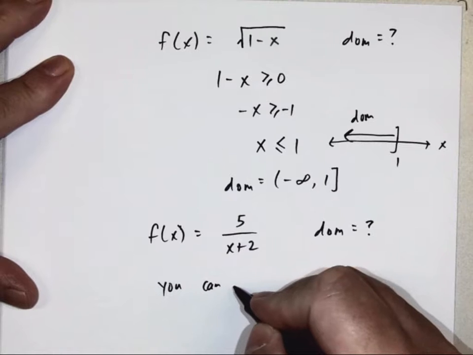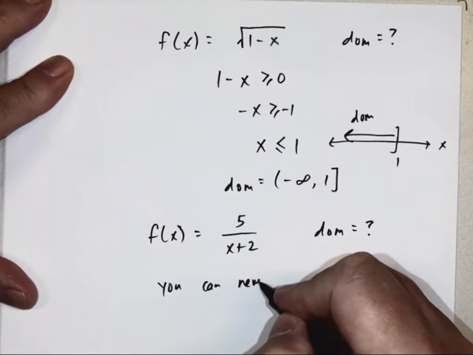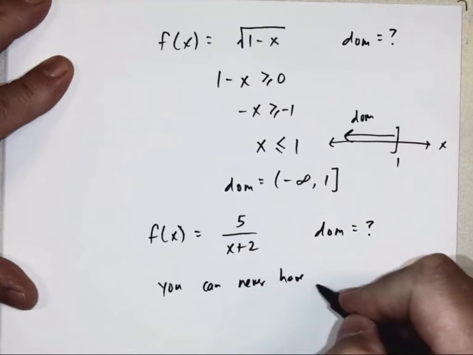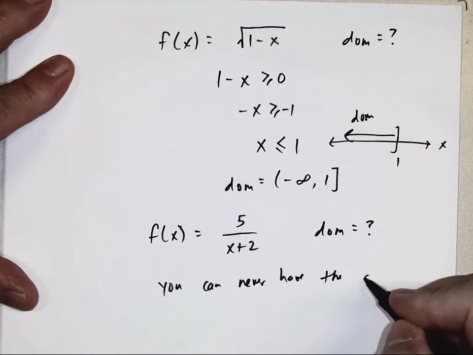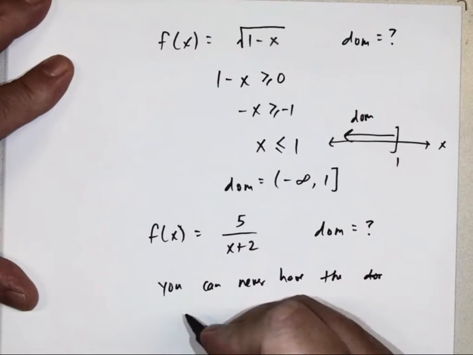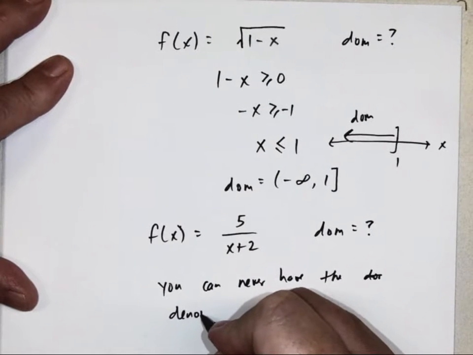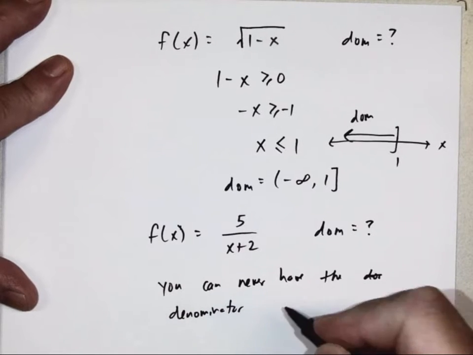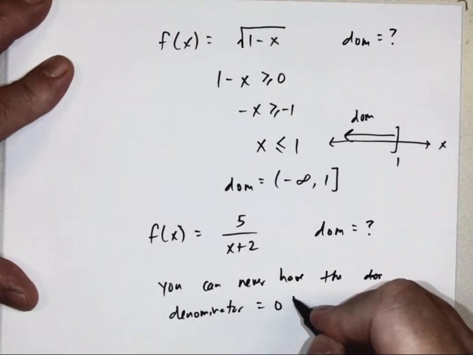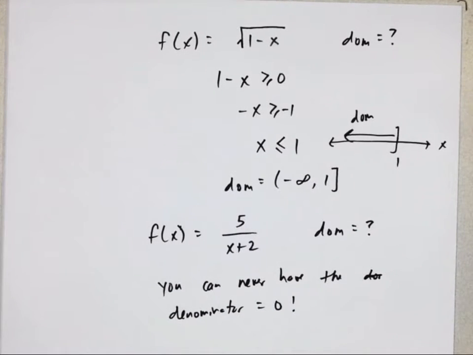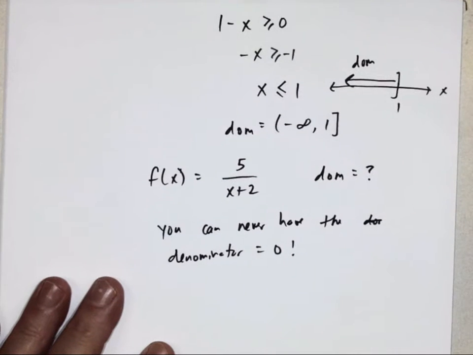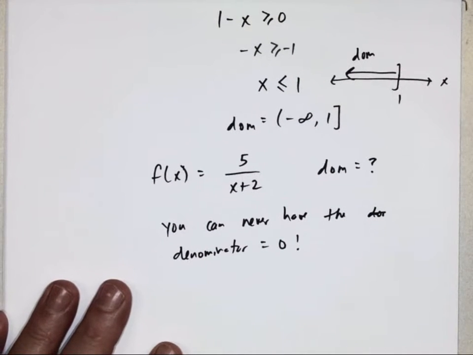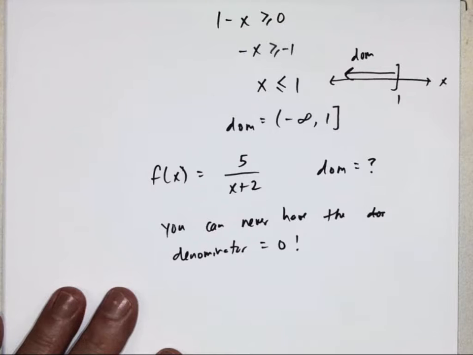What can you not ever have when you have a fraction? Well, if you remember, you can never have the denominator equal to 0. That's one of those math rules. You never, ever, ever can have the denominator of a fraction equal to 0.